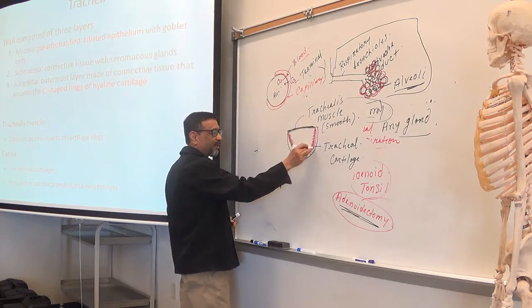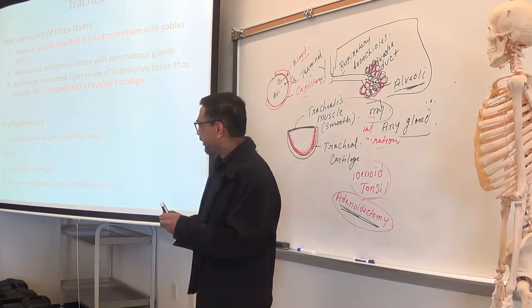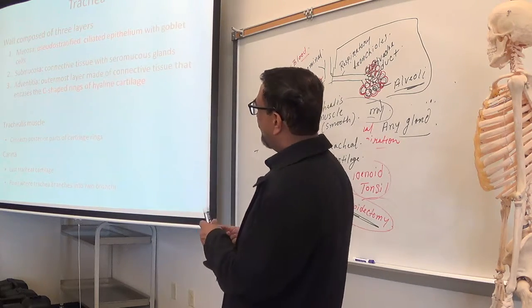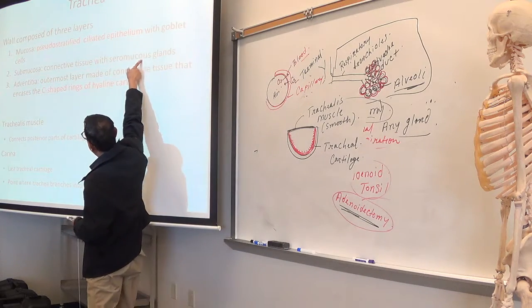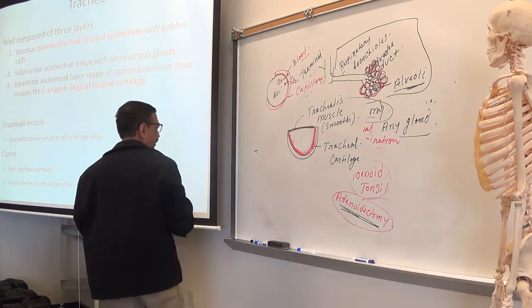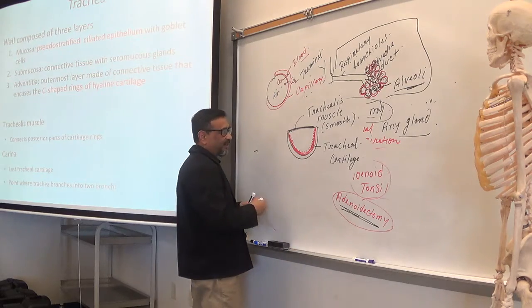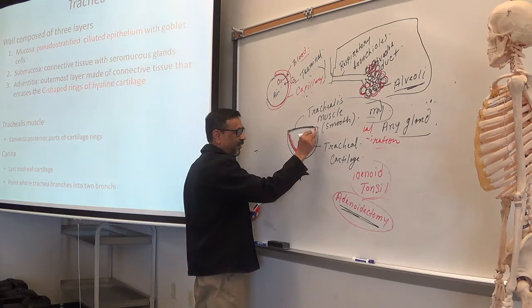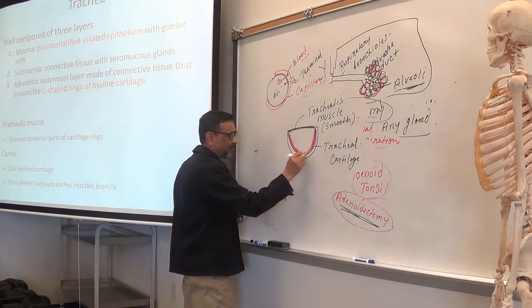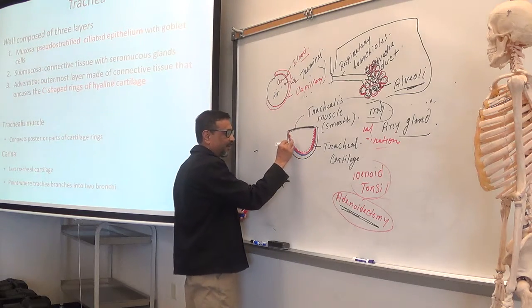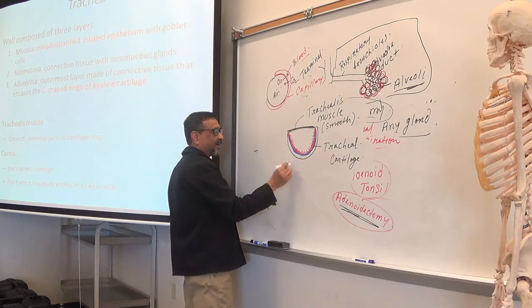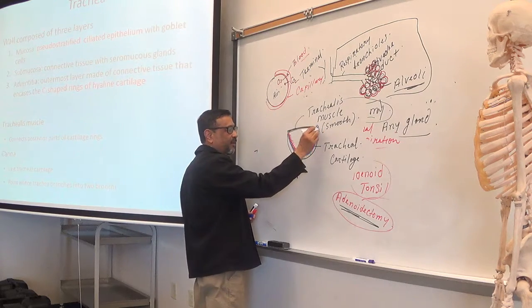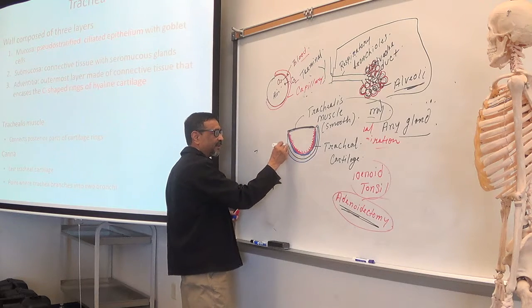Then you have another layer, the second layer, submucosa. Submucosa is a connective tissue layer. That's the middle layer. Okay. So under this, you have another layer, that is submucosa, like this, and then the outermost layer is called adventitia.